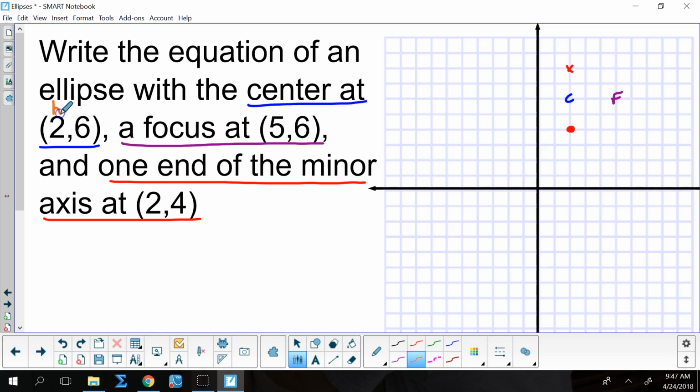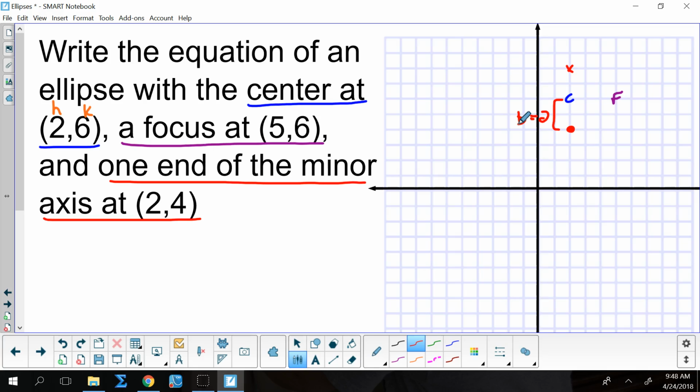So 2 is h and 6 is k. What else do we know, Daniel? Do we know a? We know b, right? I know that we know b. That's 2. That's b.